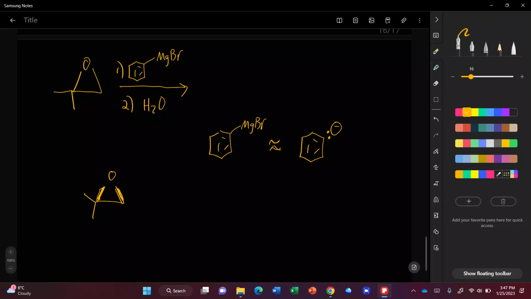So it's not equal to. Notice that I drew a similar-to sign, not an equal-to sign. These two species are not equal to one another, but it's going to behave the exact same way. So what's going to happen is that the sigma bond is the actual nucleophilic species.